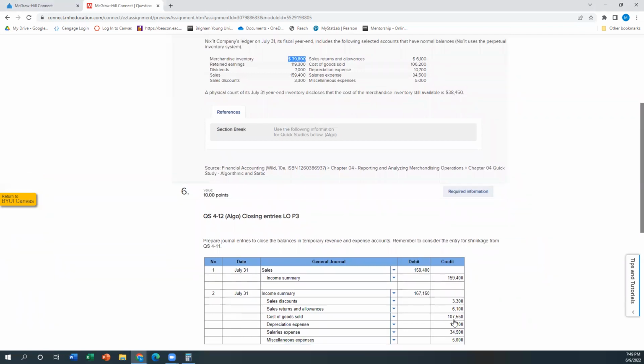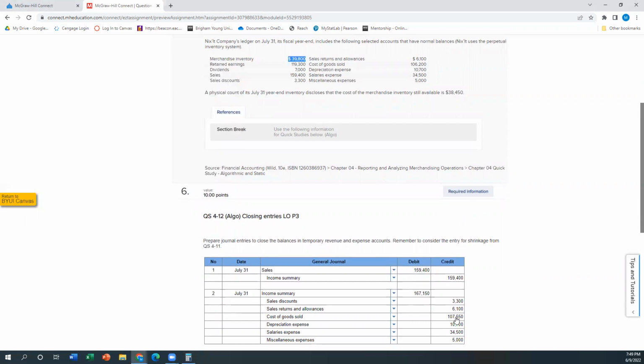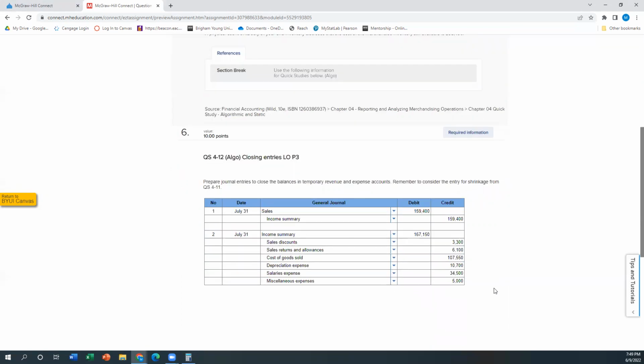Credit my cost of goods sold 107,550, which was the 106,200 plus the 1,350 adjustment for shrinkage. Credit depreciation expense 10,700. Credit salaries expense 34,500. Credit miscellaneous expense 5,000. Add all those up, and I'm going to debit income summary the same amount to close those accounts. So I hope that's helpful, because that is a tough one.